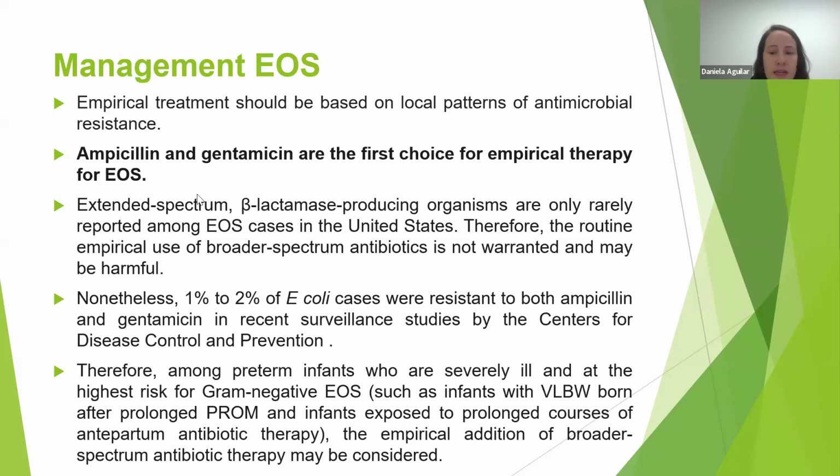Therefore, the routine empirical use of broader spectrum antibiotics is not warranted and may be harmful. Nonetheless, 1 to 2% of E. coli cases were resistant to both ampicillin and gentamicin in recent surveillance studies in the CDC.